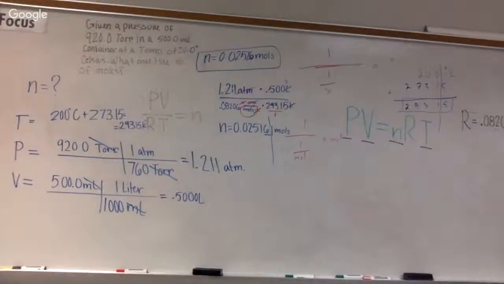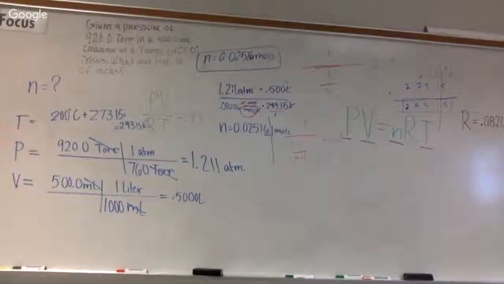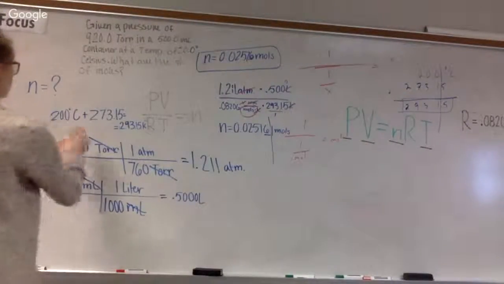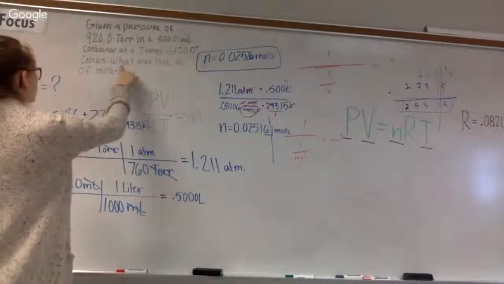Okay, now watch. I want to point something out to you here. What if I'd said in this problem, given a pressure, blah, blah, blah, how many moles of oxygen, O2?